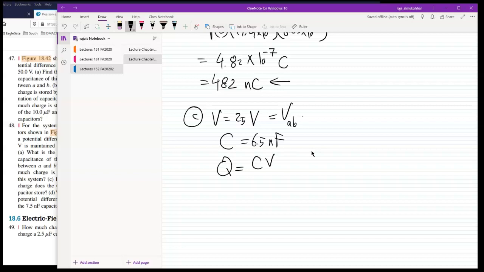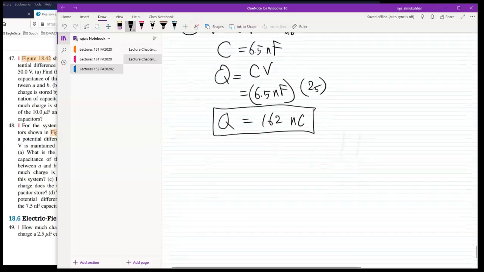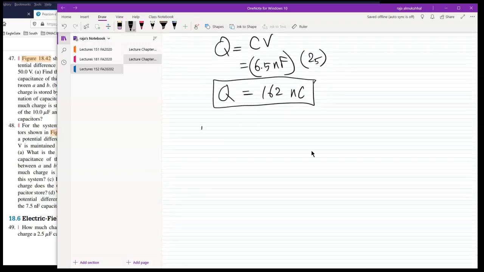Well, it's just CV. So it's just going to be 6.5 nanofarad multiplied by 25, and that will be equal to 162 nanocoulomb. There we go. Simple? Okay.